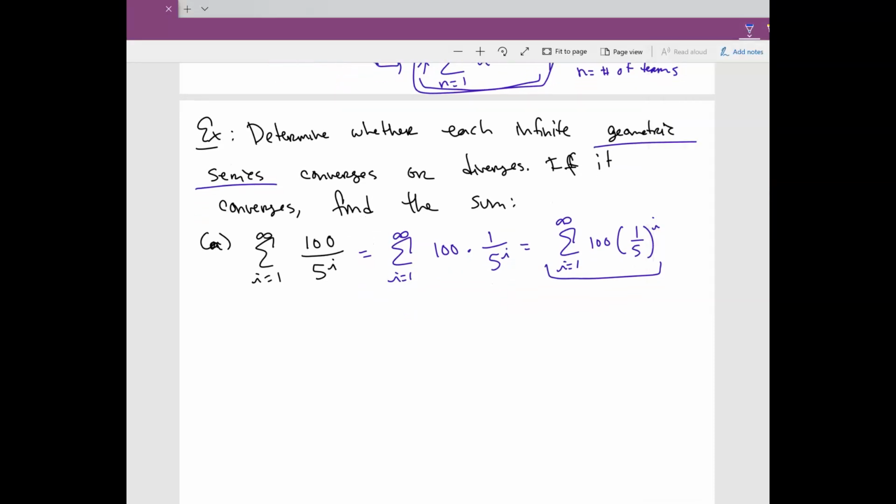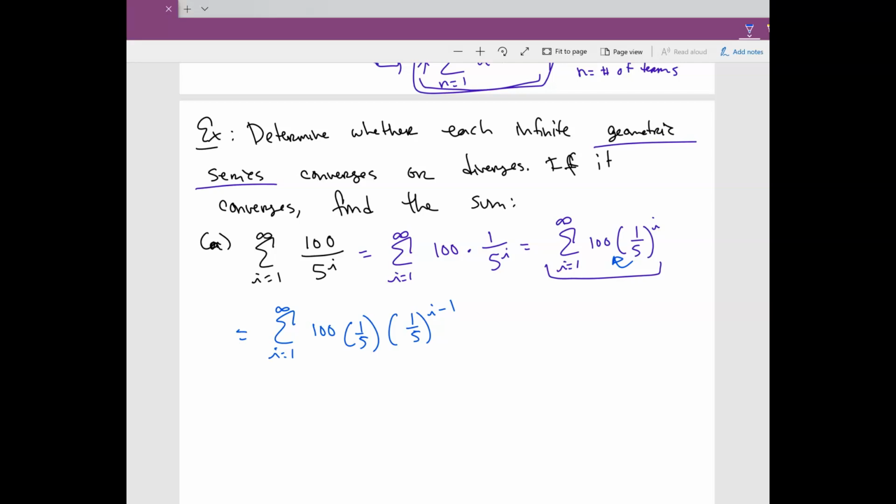Let's go ahead and get rid of one. We write the summation from i goes from 1 to infinity of 100, and let me strip out a 1/5. So I stripped out 1/5, and now I have i minus 1 left.